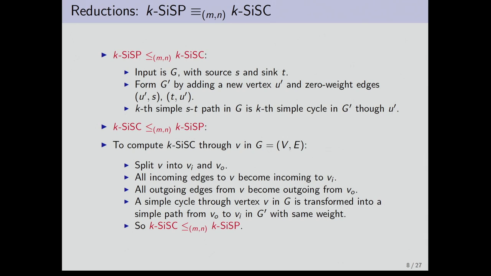All outgoing edges from V become outgoing from VO. And then we can observe that a simple cycle through V in G is transformed into a simple path from VO to VI in G prime with the same weight. So we have the reverse reduction. KSISC reduces to KSISP. So the two problems are equivalent.